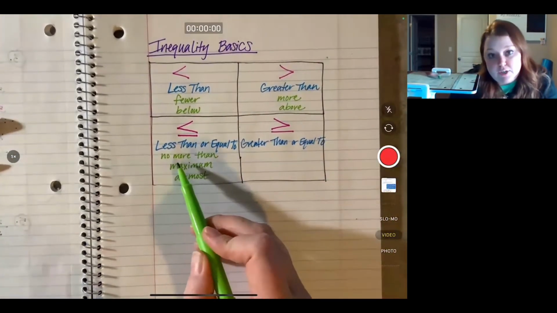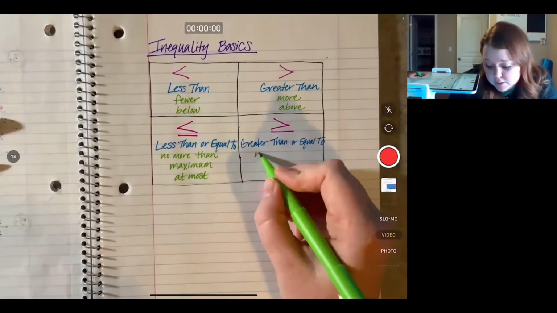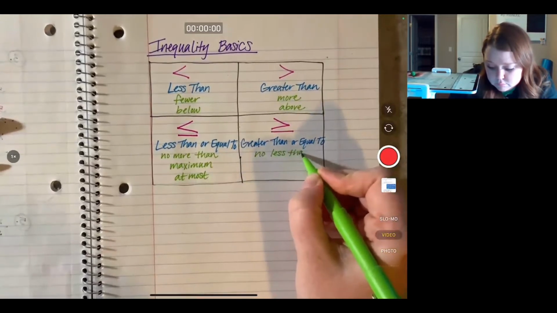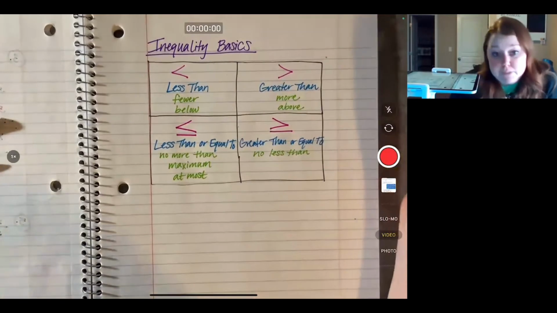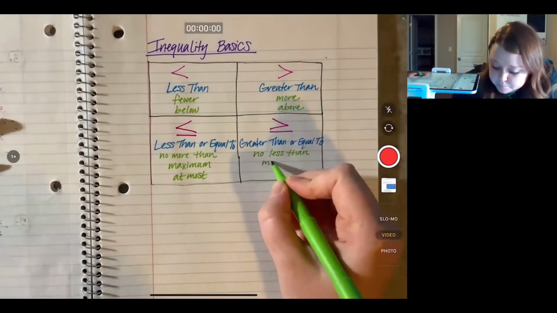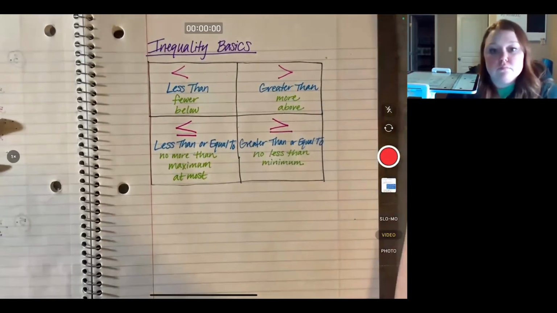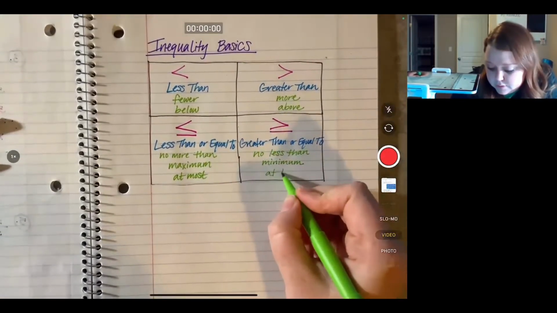So I'm just going to go from the opposite of this. The opposite of no more than is no less than. Opposite of maximum is minimum. And then instead of at most, it would be at least.